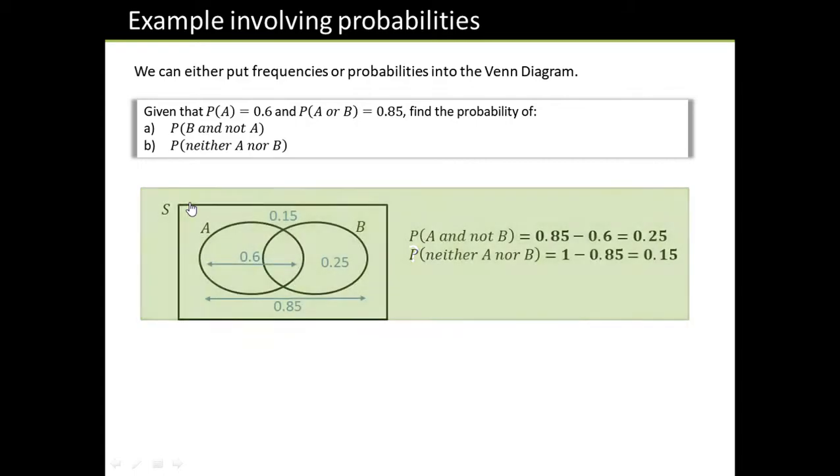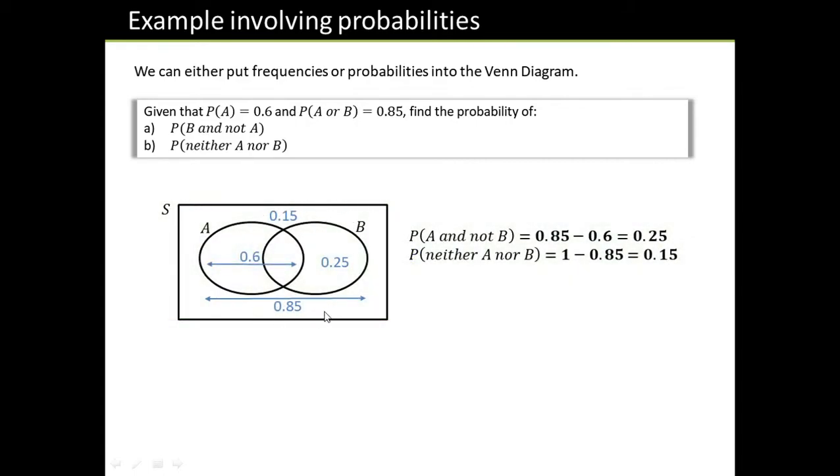So hopefully you've drawn a Venn diagram that looks like this. And I'd advise a lot with questions like this, draw the Venn diagram, fill in the numbers and then answer the question because it usually falls out quite nicely for you. So we were given probability of A being 0.6 and there's no other information we can use to separate it.